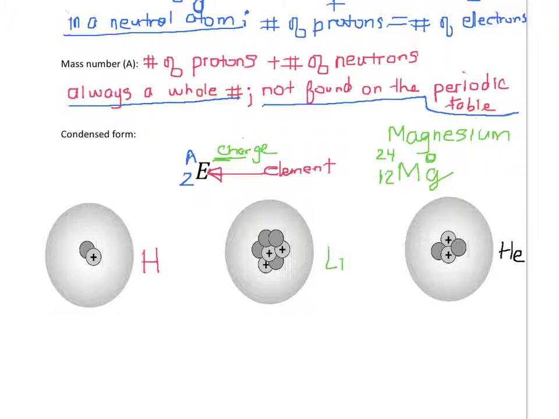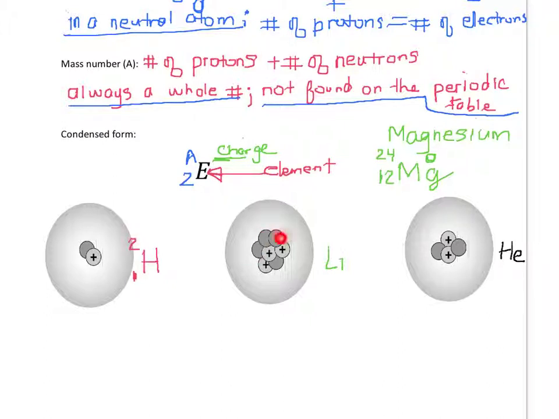Now, let's write the atomic numbers in. Atomic number of 1, because we have 1 proton. Mass number is the sum of protons and neutrons. 1 proton here, 1 neutron. So that gives us a total mass of 2.